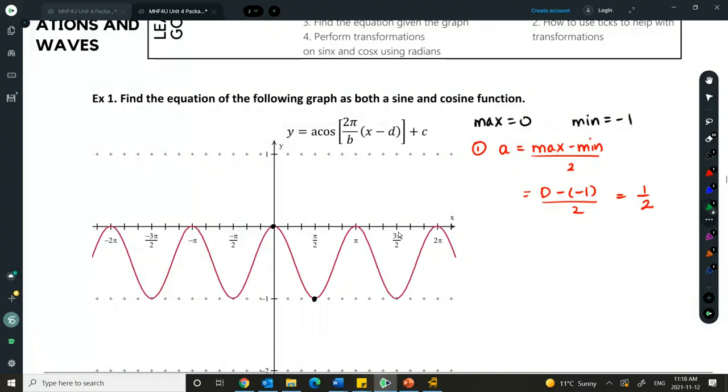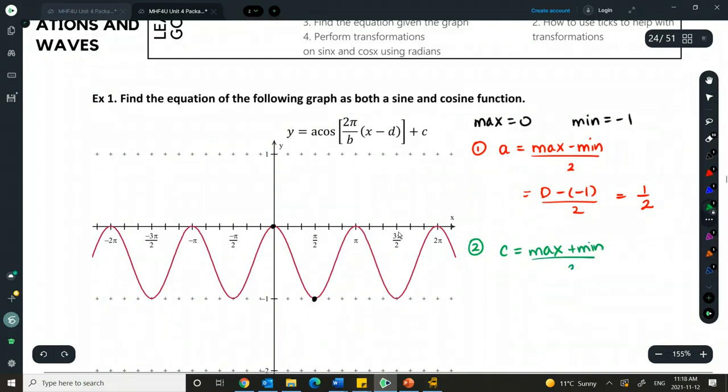Tom, what would you do next? Okay. Awesome. So really it's just the center in between max and min, right? That's what we're finding. We're almost finding the average of the max and min, which will give us the midline, the middle.